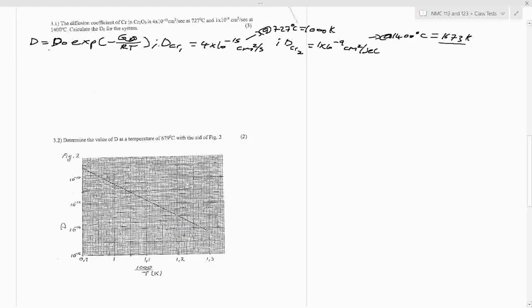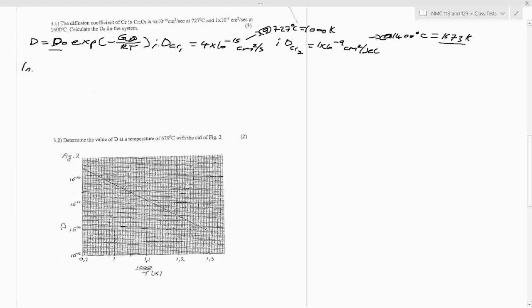Now we want to solve for D0. So we'll create a simultaneous equation computation. We'll take the ln of both sides of each of those equations.